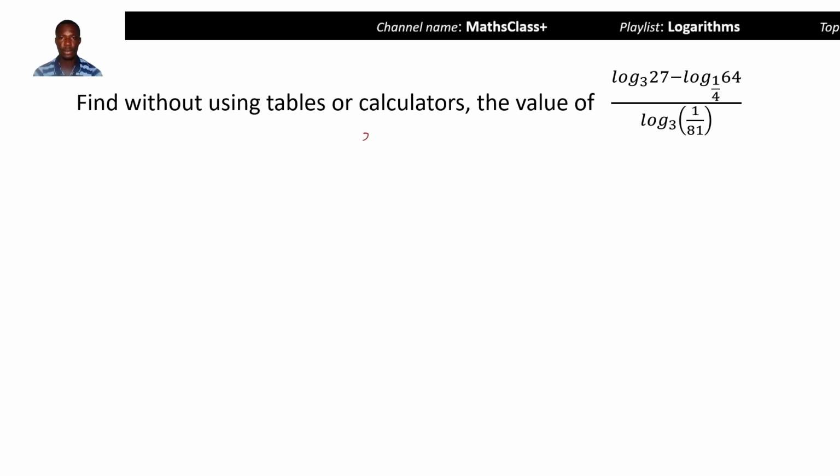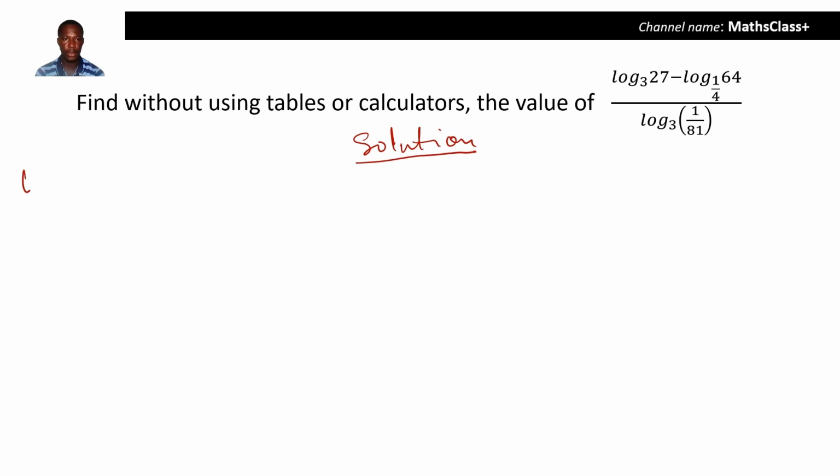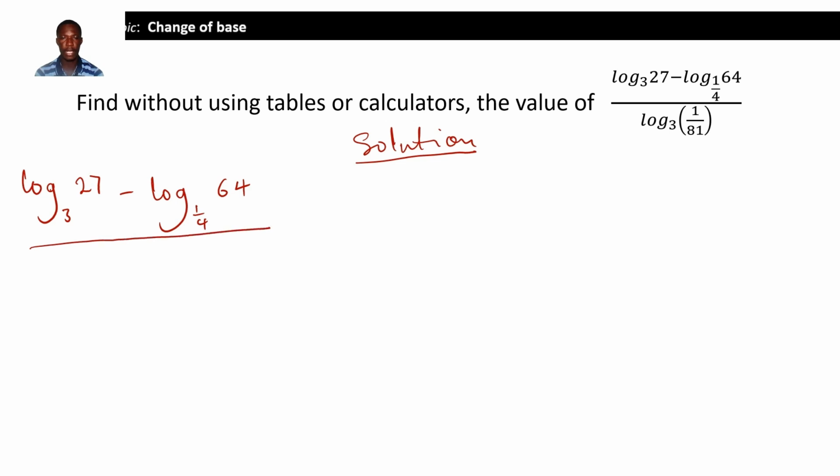Okay, so let's solve. I will rewrite it here. Log to the base 3 of 27 minus log to the base 1 over 4 of 64, then everything here is divided by log to the base 3 of 1 over 81.